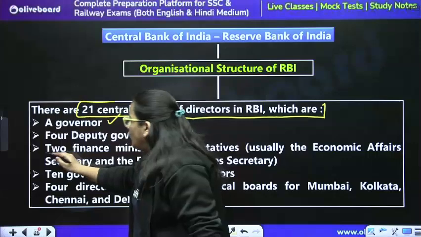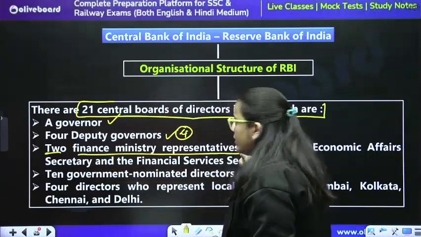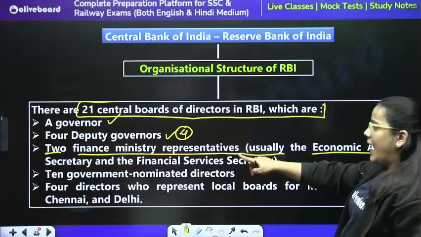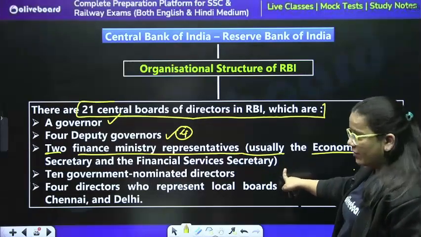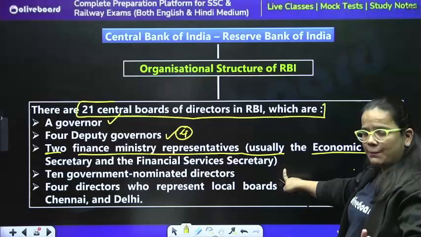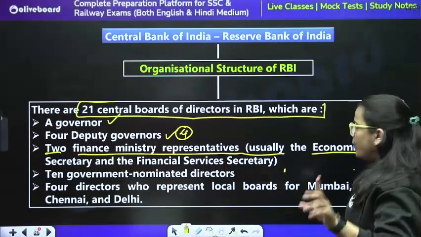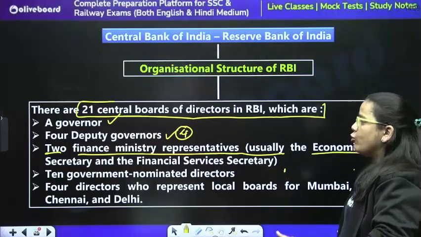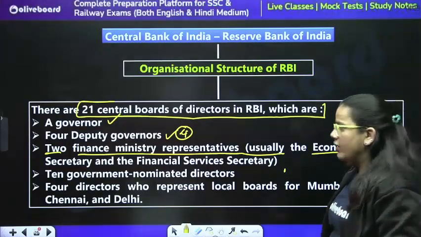Now, two finance ministry representatives, usually the economic affairs secretary and the financial services secretary.